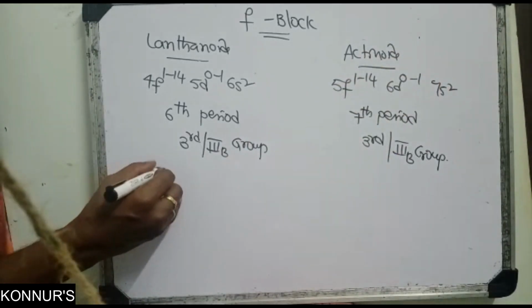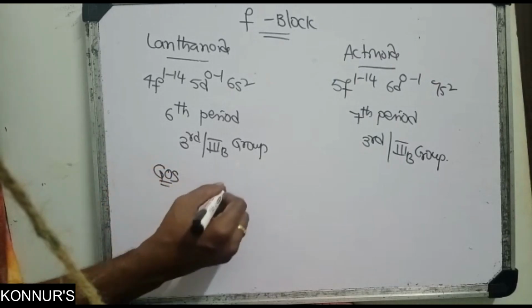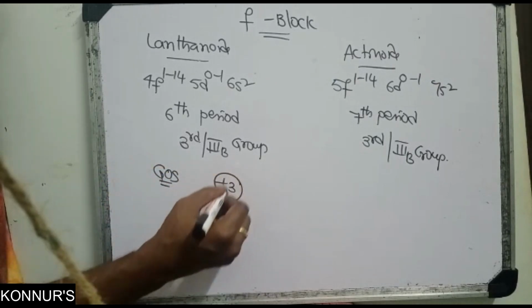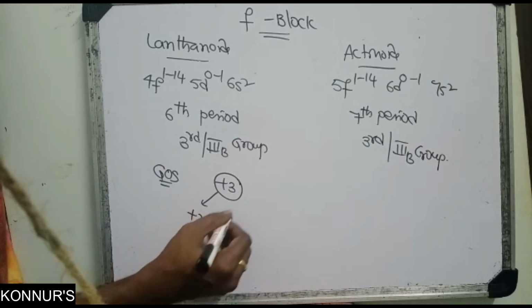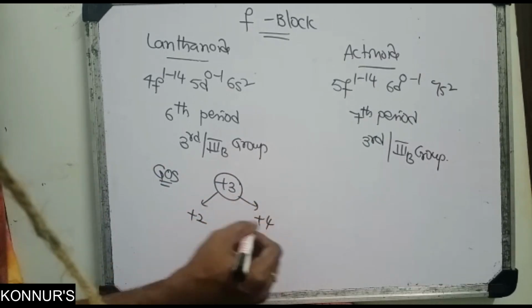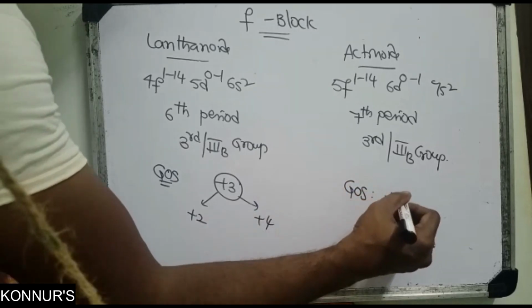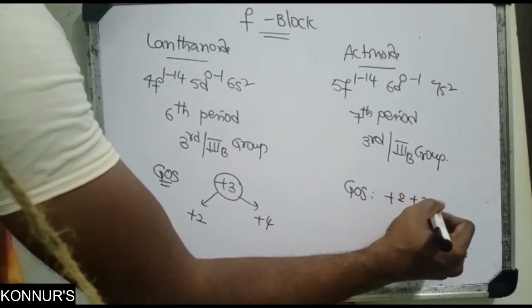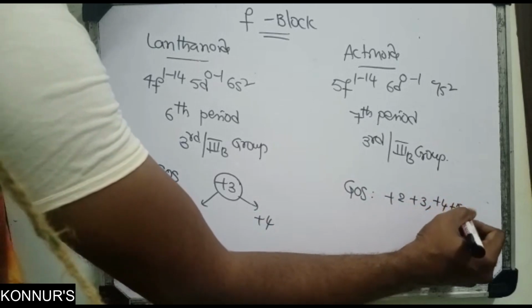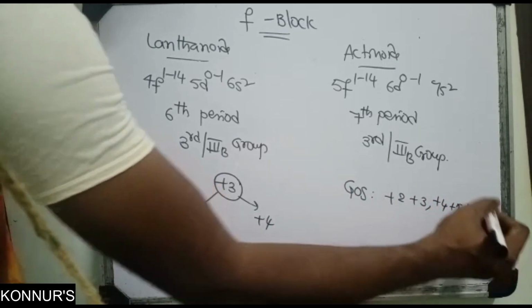So general oxidation state, these are showing +3. Some elements are showing +2. Some elements are showing up to +4. Next here, general oxidation state of actinides: these are showing +2, +3, +4, +5, +6, +7.